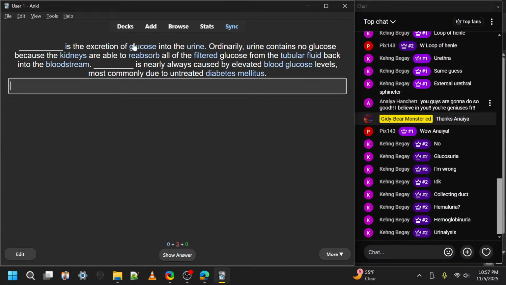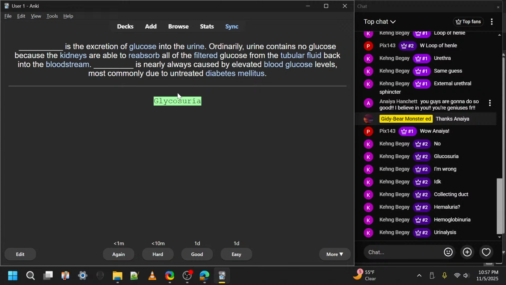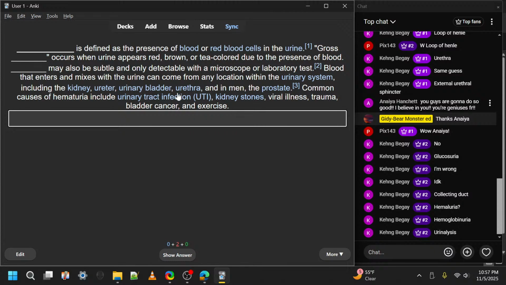Alright, blank is the excretion of glucose into the urine. That is glycosuria. Glycosuria. Nice. Alright, blank is defined as the presence of blood or red blood cells in the urine. Ooh, I know this one. Okay, red blood cells in the urine.